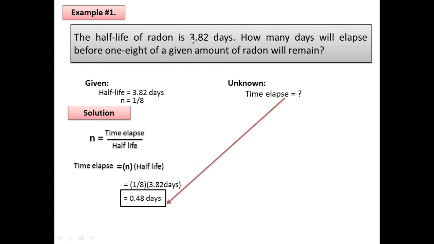So ibig sabihin yung 3.82 days na half-life ng radon, kailangan lang natin ng 0.48 days, sabi niya dito, para ang ma-retain doon is 1/8 of a given amount of radon. So 3.82 days plus this one, kasi yan ang interval natin, time elapse yan siya. Ibig sabihin, in every 0.48 days, mababawasan siya ng ganyan.